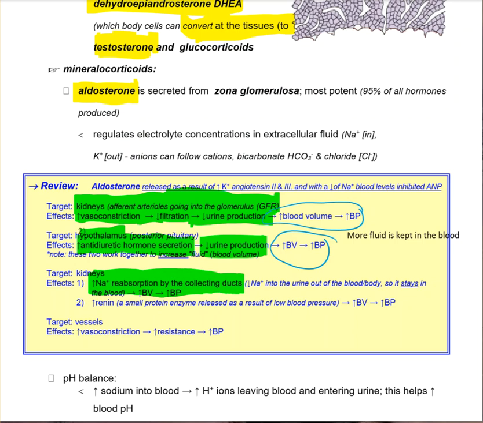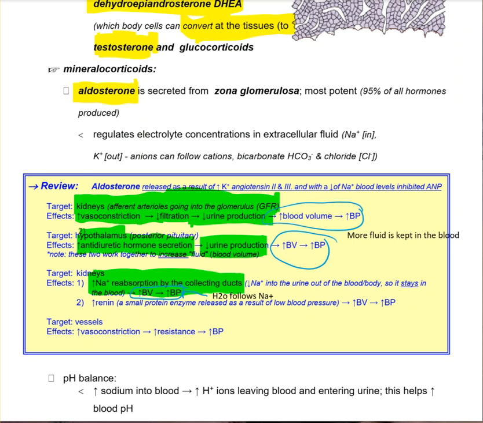And if you remember what happens, and the reason why this blood volume and blood pressure happens, is that water follows the sodium, and because of that, we get increased blood volume and increased blood pressure.